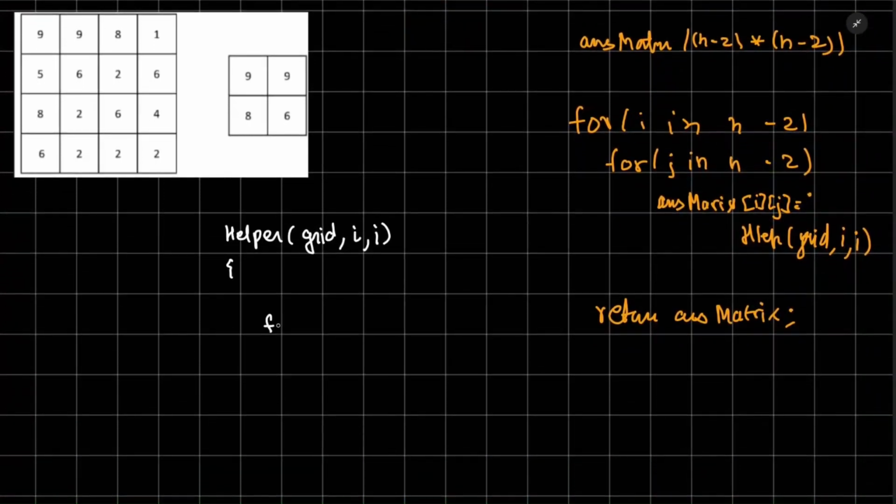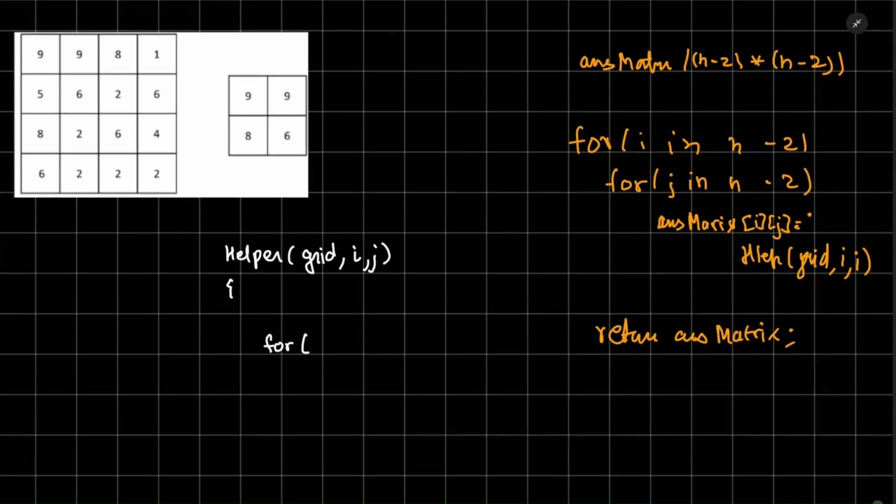So that would be for, let's say we have used i and j here, so let's use variables like a and b. So for a in range 3, because let's say 0 to 3, and for b in 0 to 3. That's how we'll traverse a matrix of 3x3.